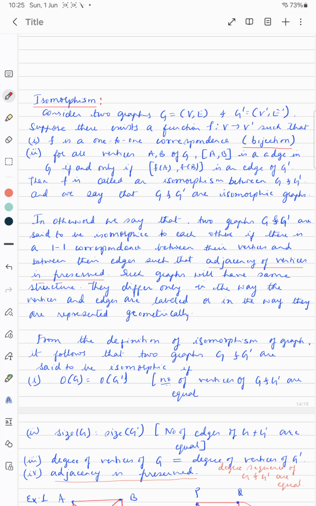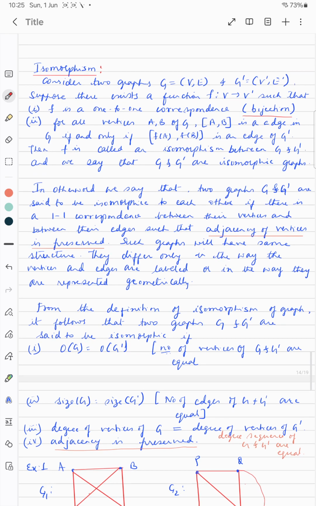So in other words, we say that two graphs G and G dash are said to be isomorphic to each other if there exists a one-to-one correspondence between their vertices and between their edges, such that adjacency of vertices is preserved. This is very, very important.